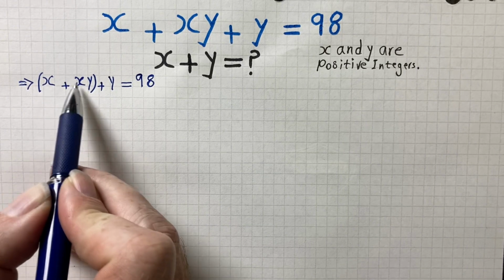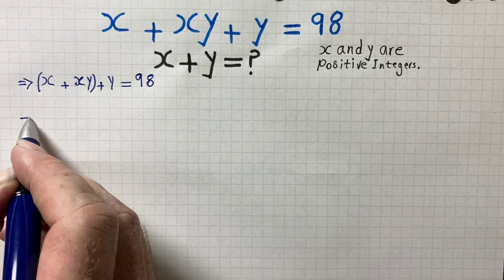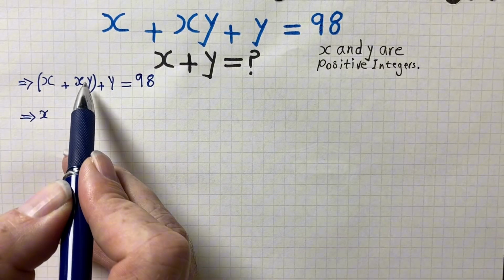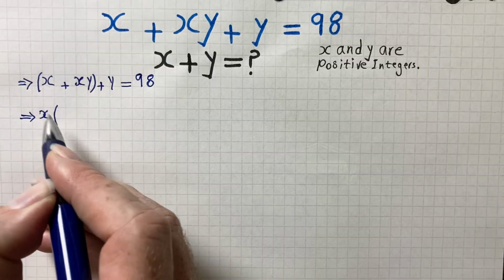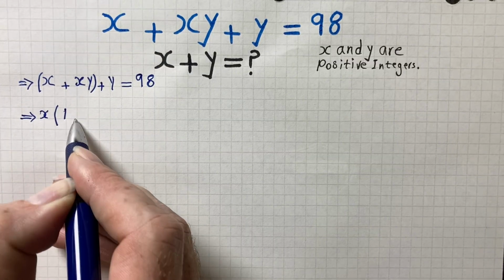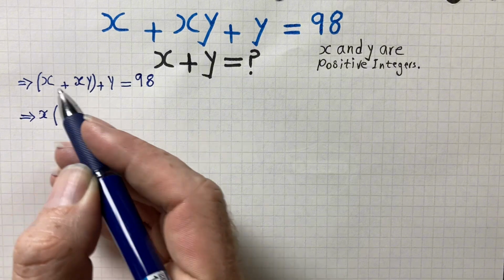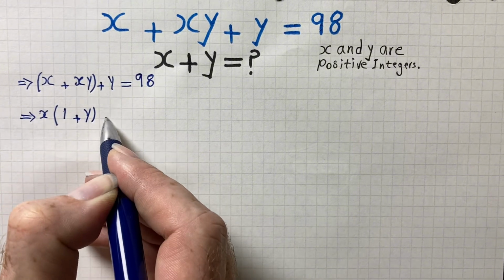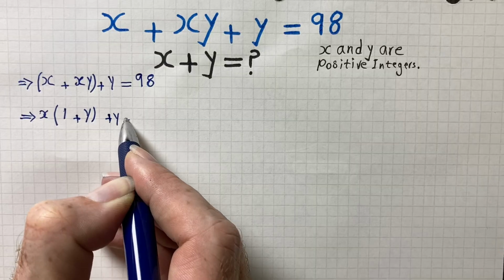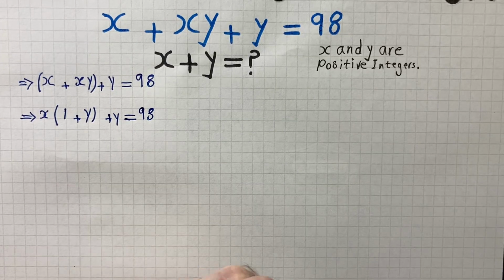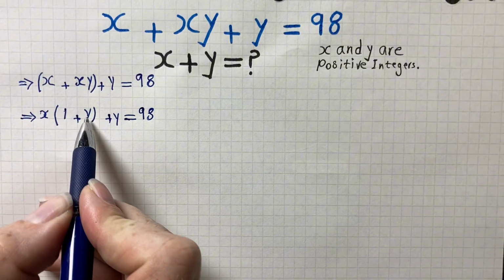Right, it is x, so I write x here, factor it out from this expression. It is going to be x times 1 plus xy divided by x, which is y, plus this y equals 98.